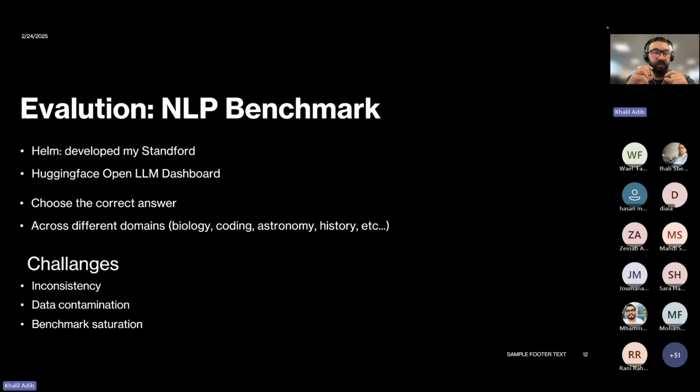The reason is the probabilistic, or non-deterministic, nature of LLMs, and the sensitivity to parameters such as temperature, top P and top K, and to prompts. For example, with a prompting technique called chain of thought, if you give the model room to think before answering, the LLM will actually give better results. Another problem is data contamination.